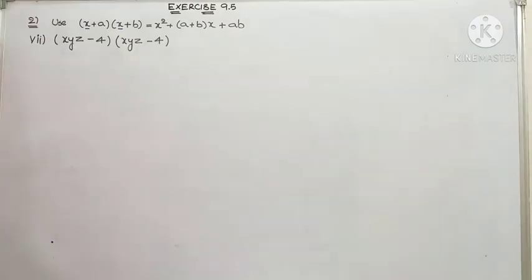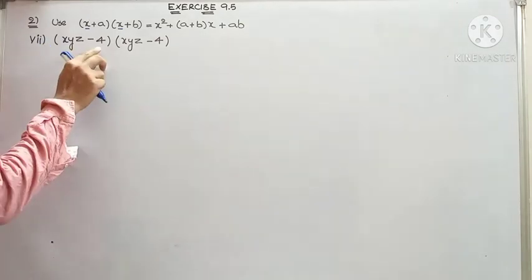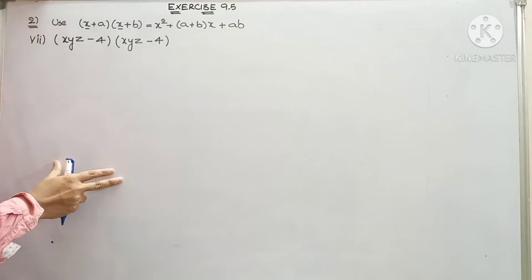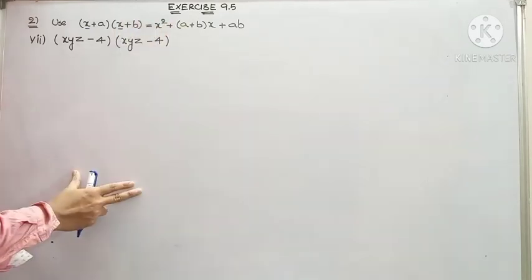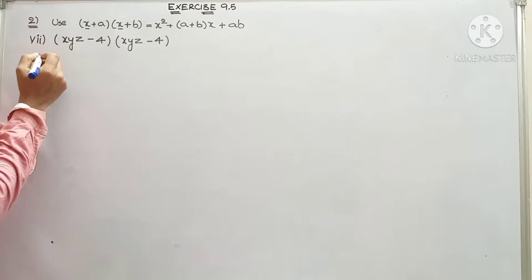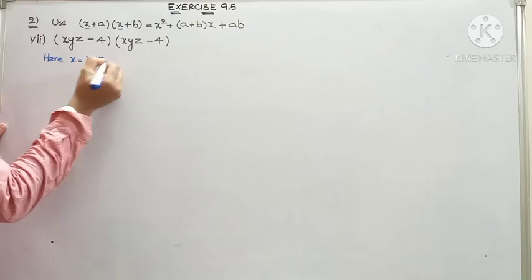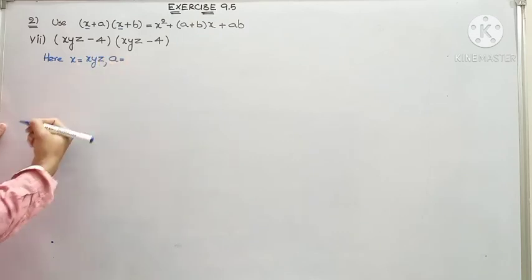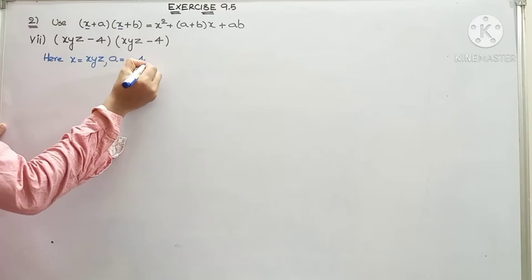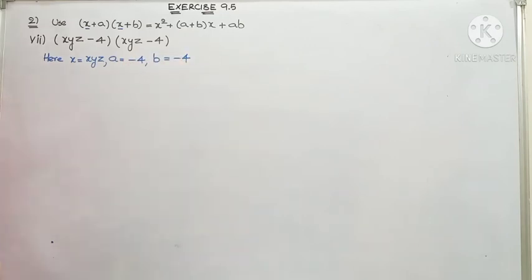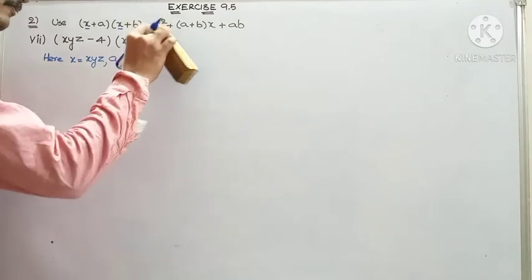The 7th one is (xyz − 4)(xyz − 2). The same identity we are going to make use of. So here we can write the value of x is equal to xyz, a is equal to −4, and b is equal to −2. Sorry, I first said the value of b is also −4, but it is −2, children.